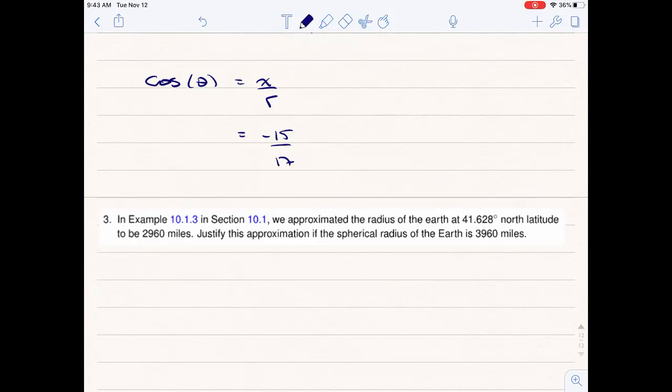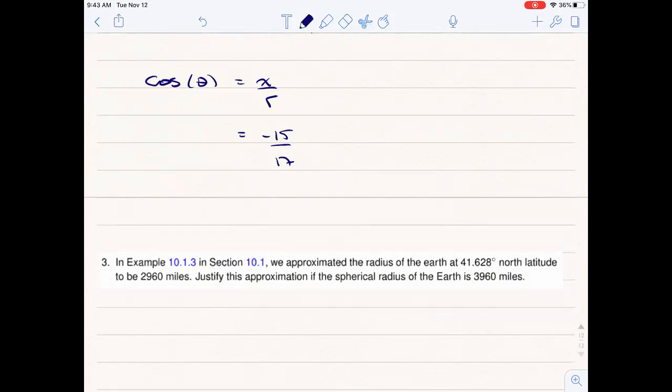So in the example that we started with today, right?